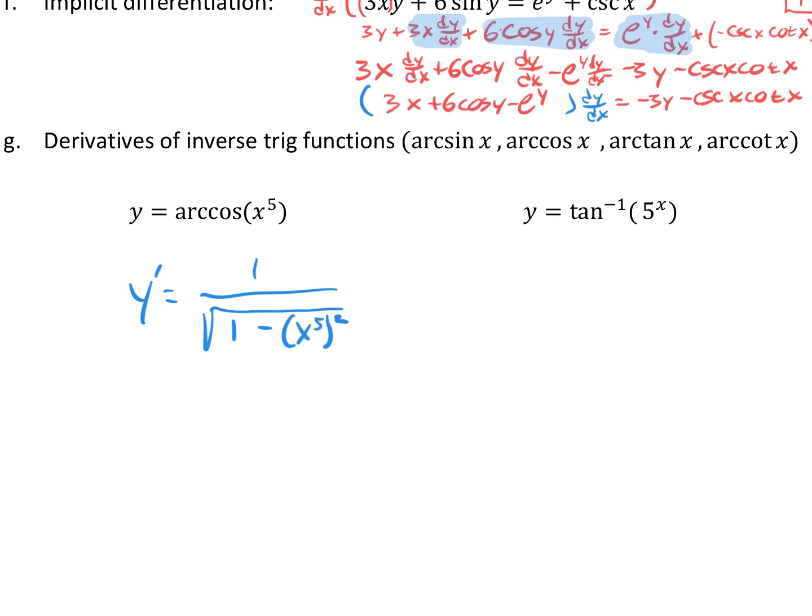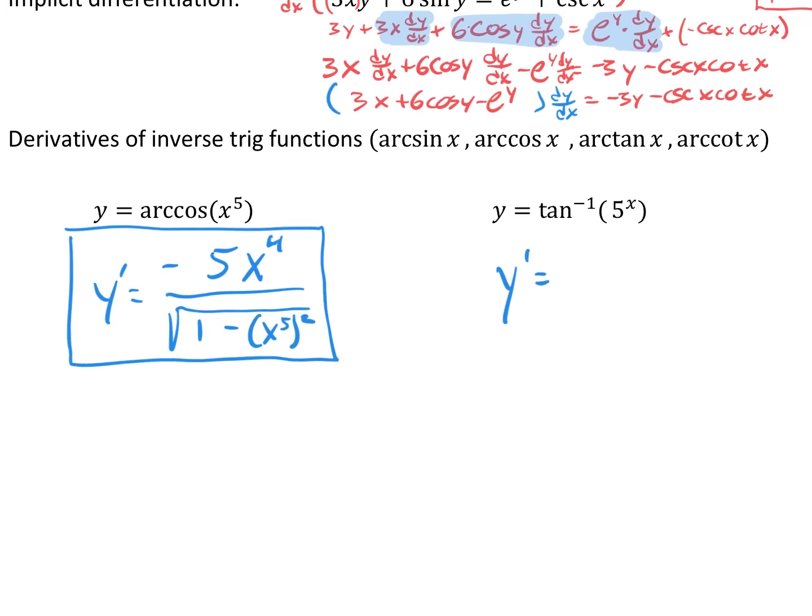So 1 minus u squared. But this is going to be negative, first of all, because it's cosine. Cosine goes to negative. And we need to multiply it by u prime, the derivative of the inside, which is 5x to the 4th. So it's u prime over the square root of 1 minus u squared. U is the stuff in the parentheses.